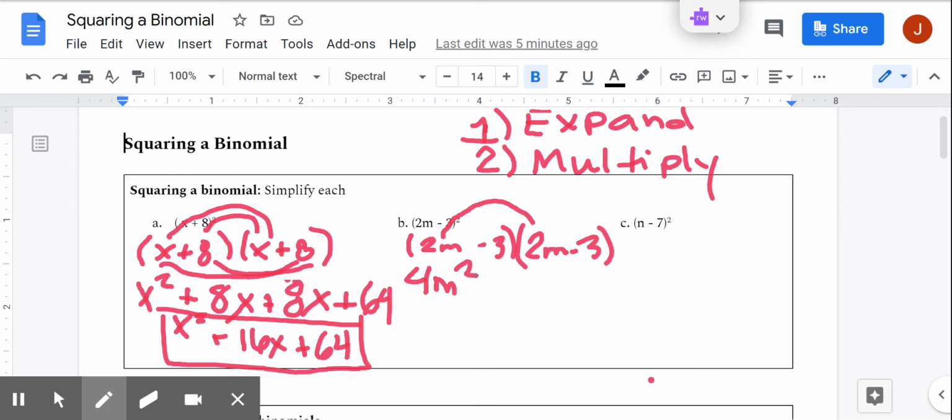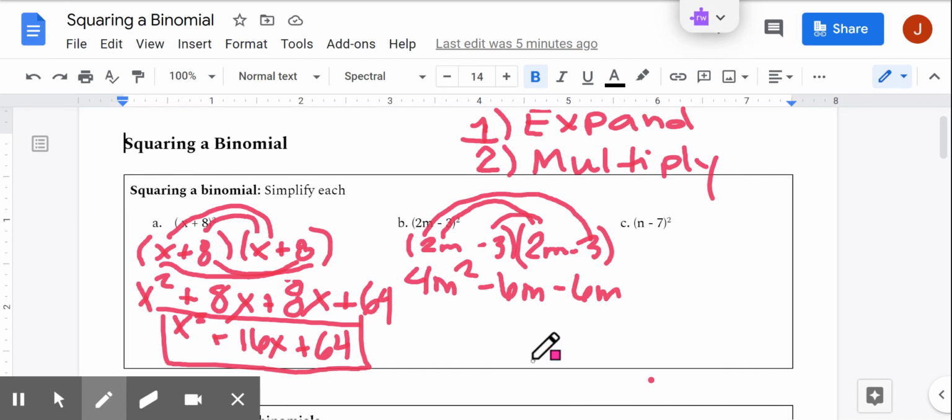Then I multiply my outside. So 2m times minus 3 is going to give me minus 6m, right? We're multiplying 2 times negative 3. That's negative 6m. Then we can do our inner, which again, we have negative 3 times 2m. That's going to be another minus 6m.